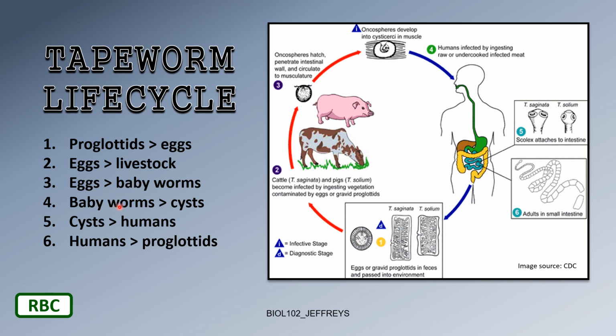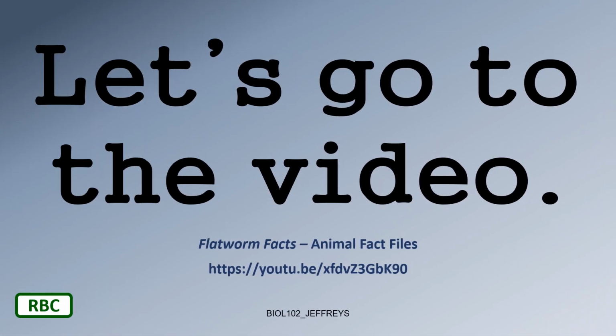The larval worms bore into the muscle and form these cysts. Humans eat undercooked meat, and they ingest the cysts, and now the humans end up with proglottids, with a tapeworm. That's how it works. That's how tapeworms survive and propagate their species.